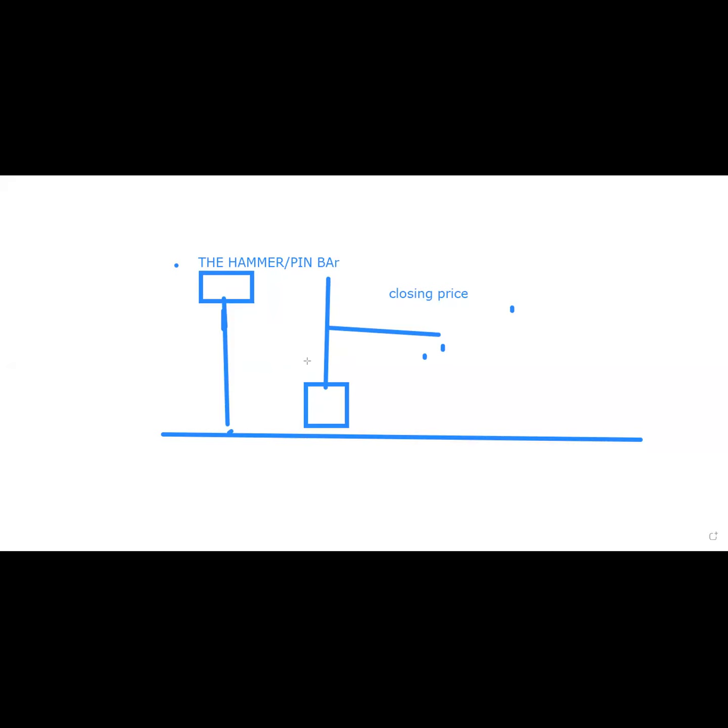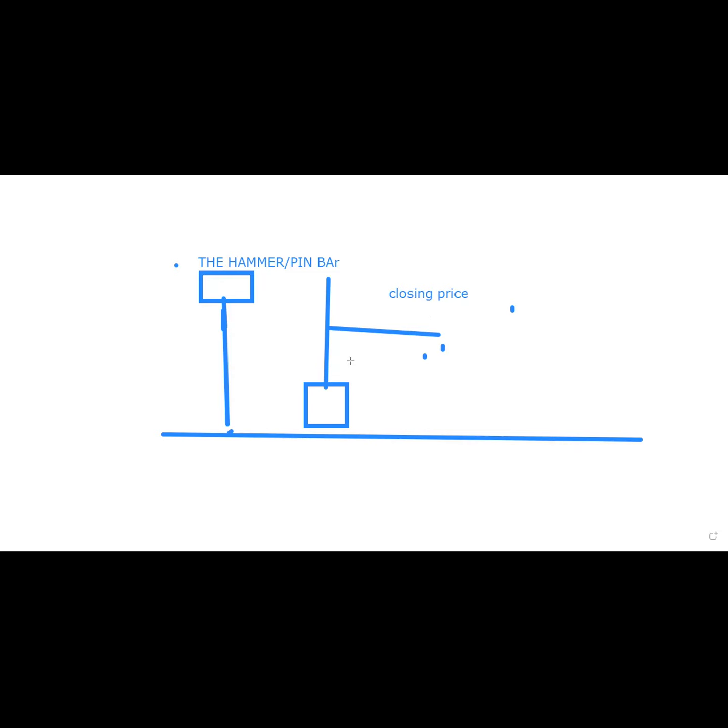Good. This one, is this a bearish pin bar or a bullish pin bar? If you ask me this question, I would say it's bearish, but you said it's bullish. I did not say it's bullish. You're the one not listening. In your notes, how did you define a bullish? We said bullish has a long lower wick, and the bearish has a long upper wick.